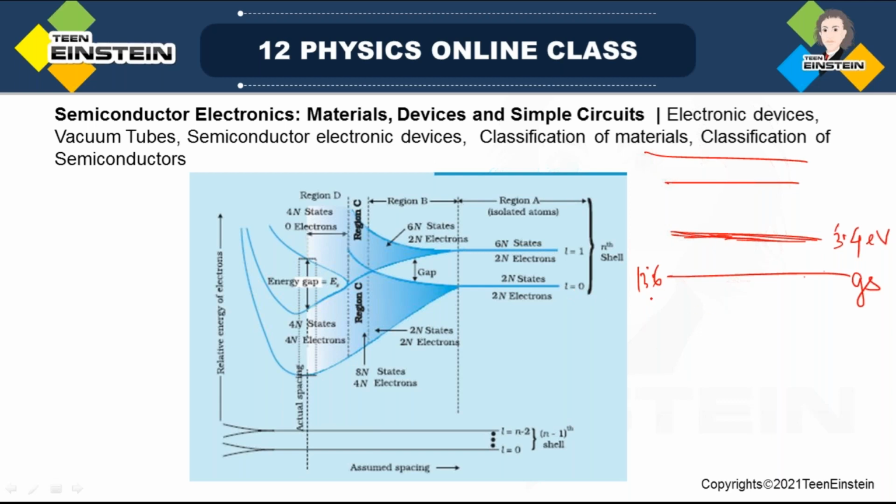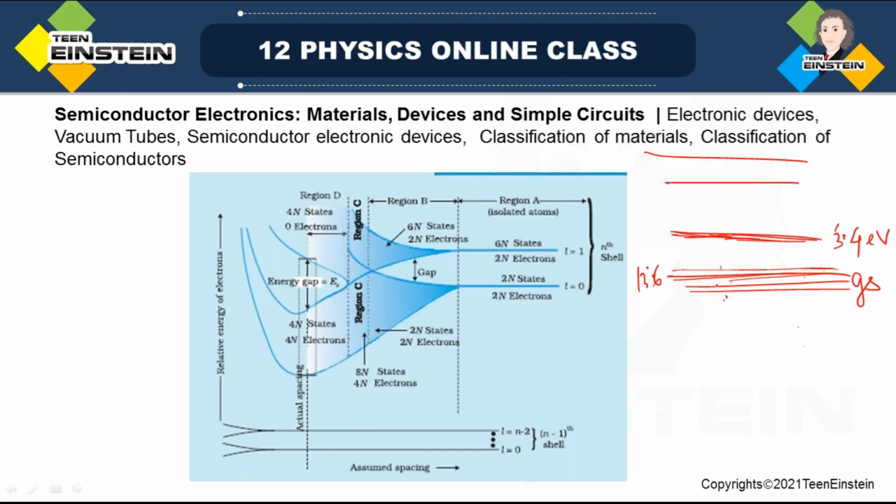Now when you bring many atoms very close to each other, because of this electron interaction, a single energy level gets split up into a number of small energy levels. These are called degenerate states.